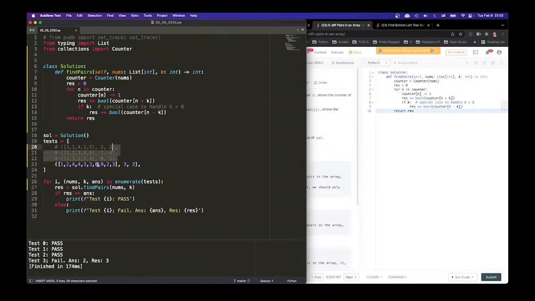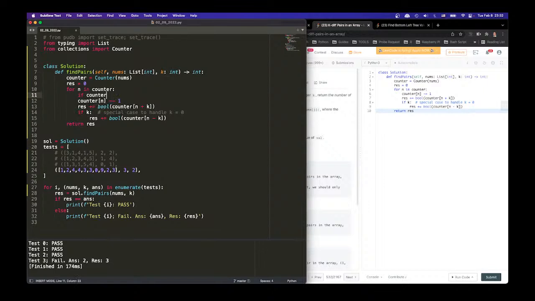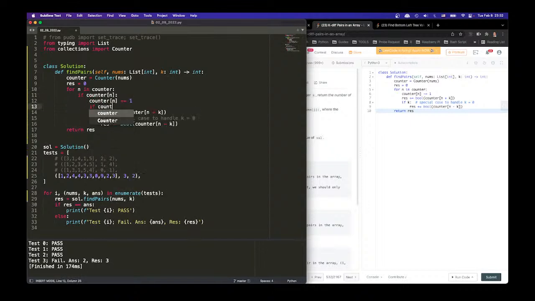When I handle 0, I see. If counter n. Yeah, it was my bad. Now we just do if counter n plus k, then res plus equal to 1.